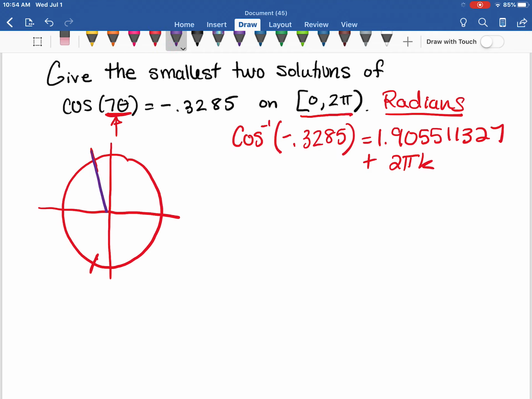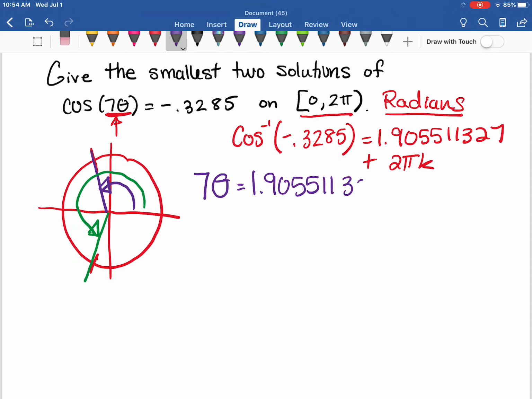So I need to find this angle here, and then I also need to find this angle here. The angle in purple, we just found that. So my 7 theta would be 1.905511327 plus 2 pi k.